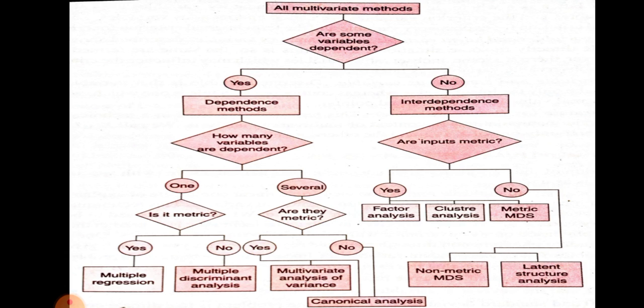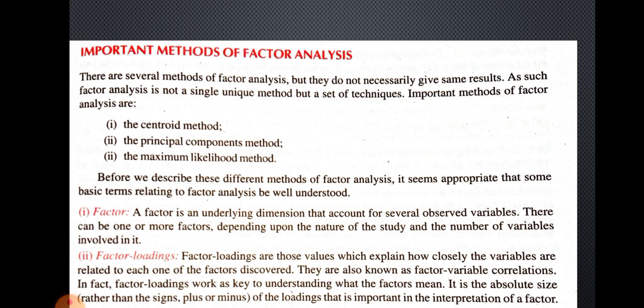So what is factor analysis? In multivariate methods, if the variables are not dependent, then we will use the interdependence method. Are inputs metric? If yes, then only we will use factor analysis, cluster analysis, and metric MDS.